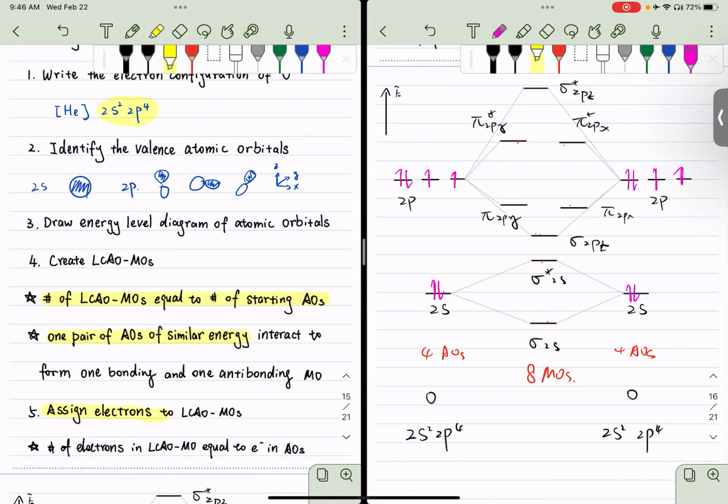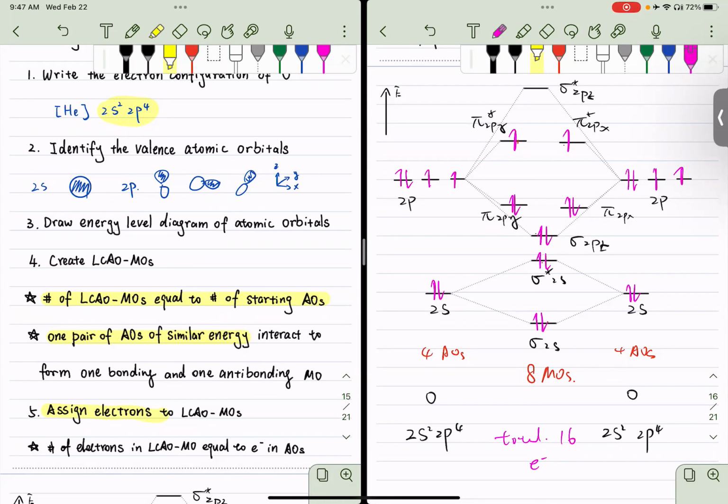So we have a total of 16 electrons. The 2s electrons go to the sigma 2s and sigma star 2s, so that's 4. And here we have a total of 8 electrons, 1, 2, 3, 4, 5, 6, 7, 8. We're just putting the electrons into the lower lying molecular orbitals.